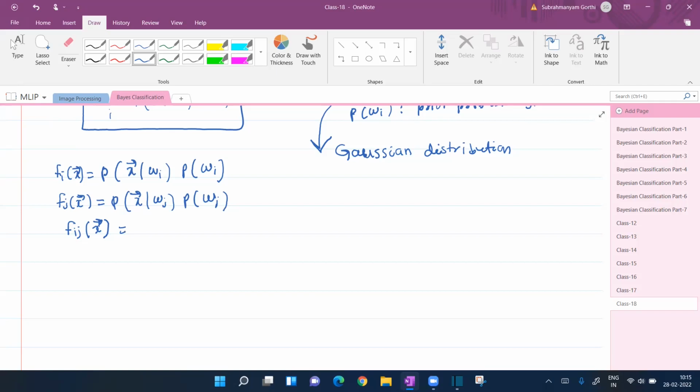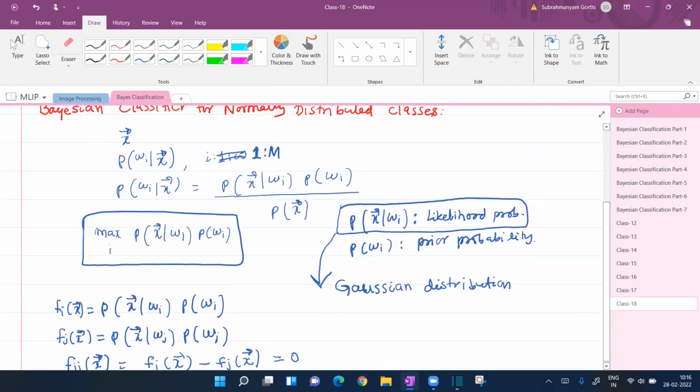They will be equal, sir. Correct. So what I could do here is simply compute fi of x bar minus fj of x bar, and then equate it to 0 to get the decision line.